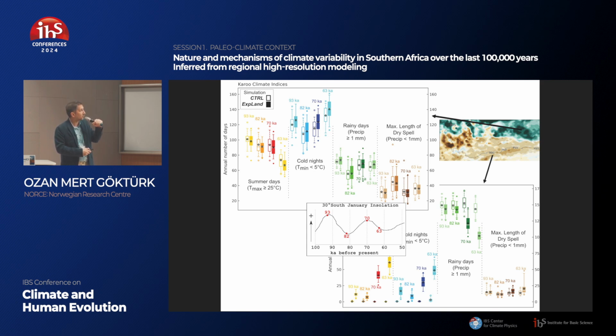But when you include it, it just goes down, because at 63,000 years before present, the coastline is really far away from the modern coast. So we go down very strongly here, but we don't see such a change in the interior region, and that change in the interior region just resembles the change in insolation.